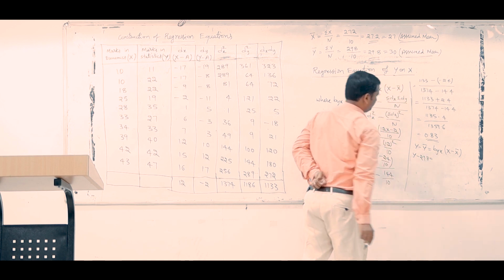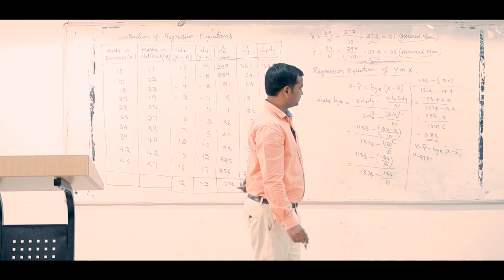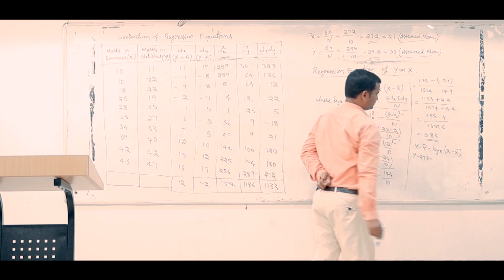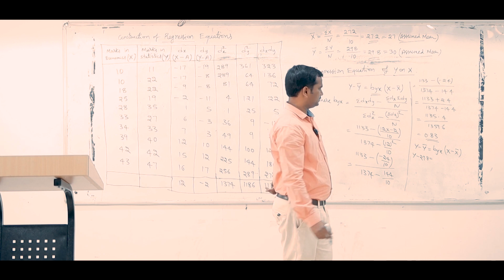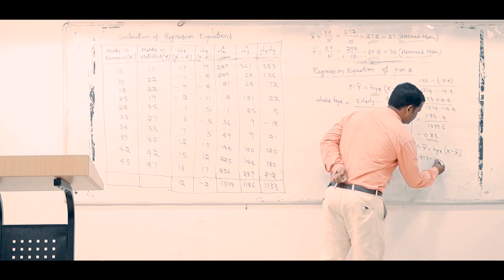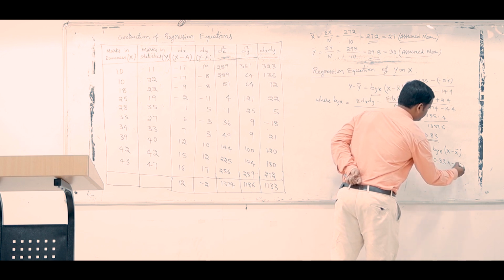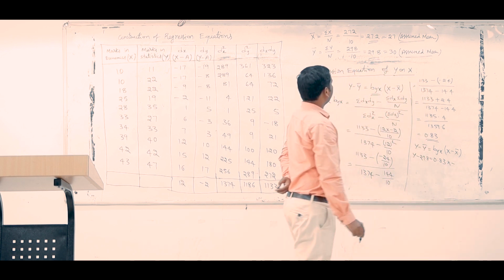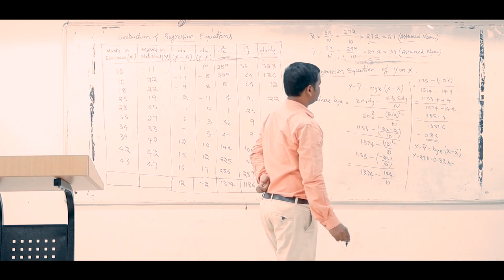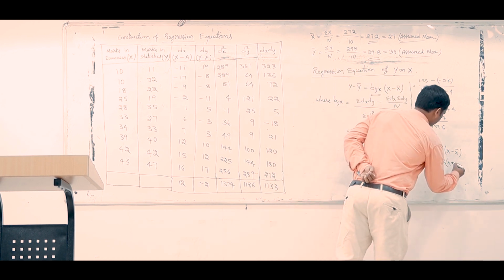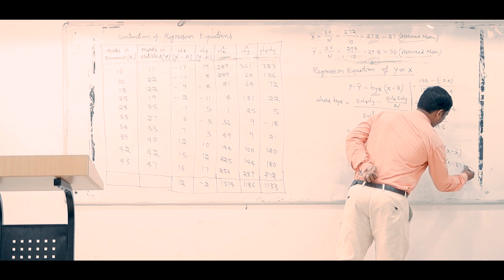So byx means the regression coefficient that we just now found out. So the value is 0.83. So x minus x bar. Here the x bar value is 27.2.